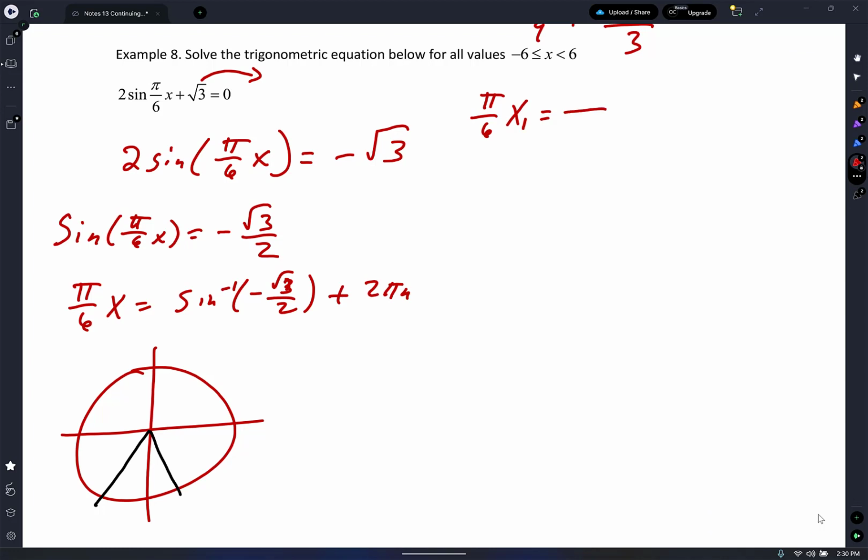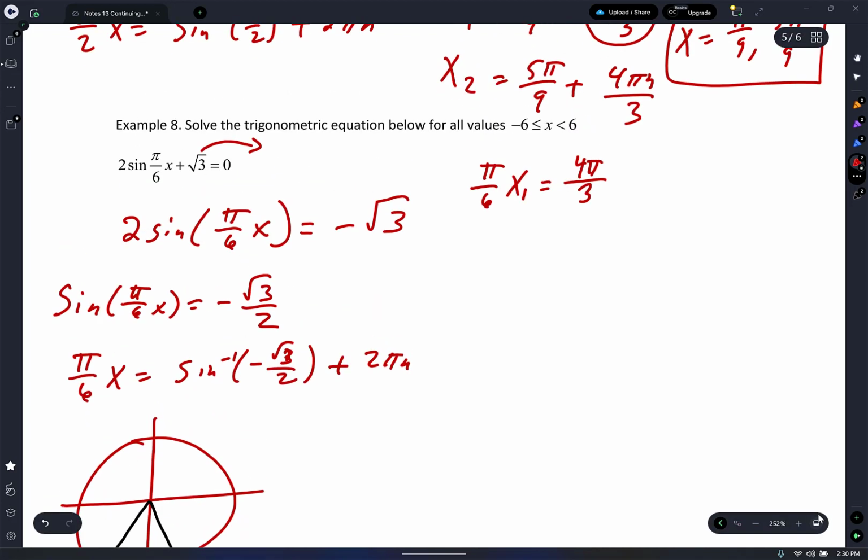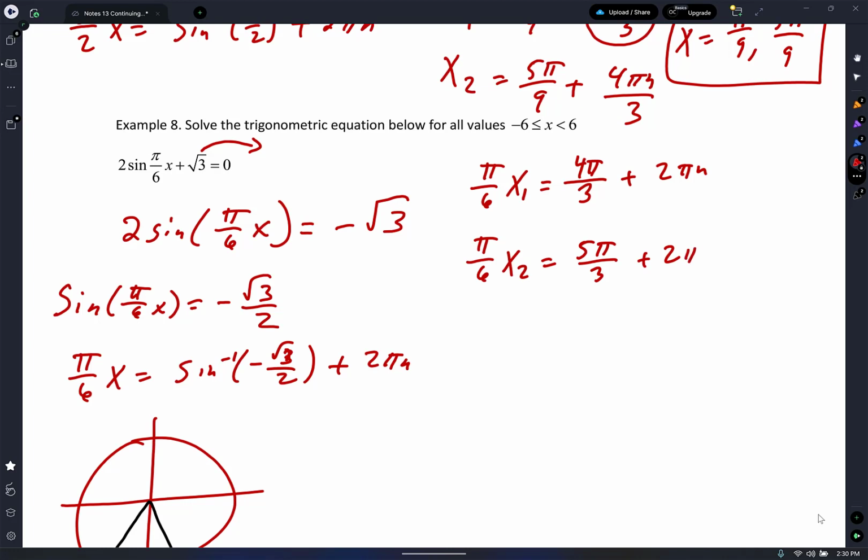What is it? Yes. 4 pi over 3 is one of them, plus 2 pi n. And 5 pi over 3 is the other one. Pi over 6 x2 equals 5 pi over 3 plus 2 pi n.